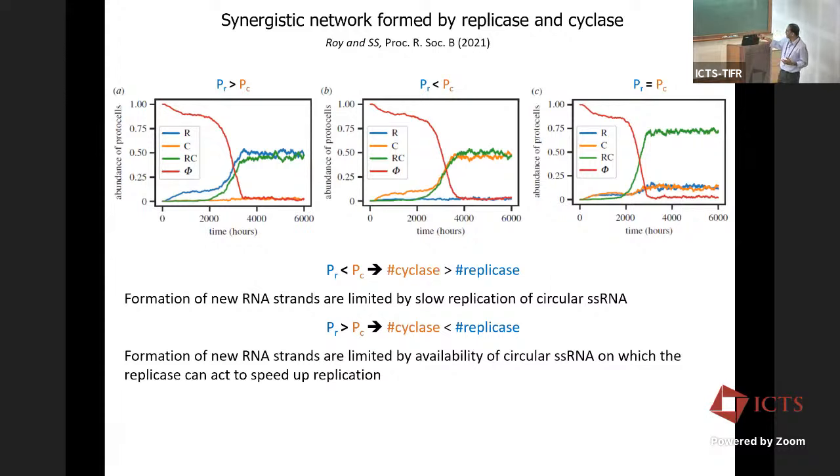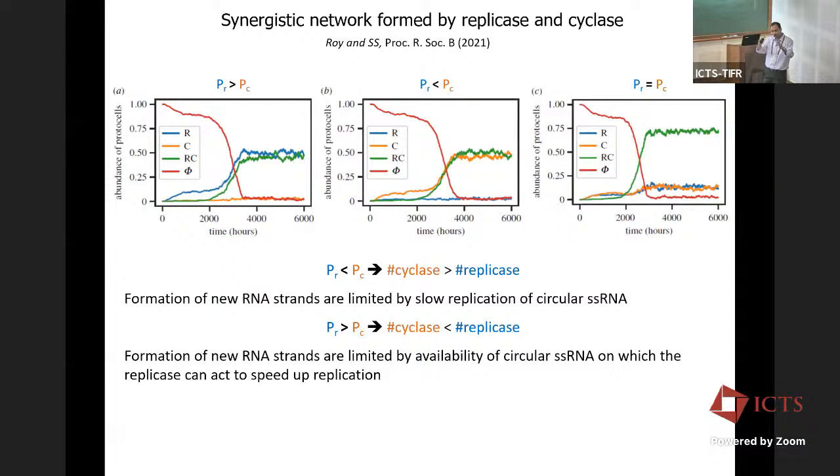So the reason behind this effect is sort of intuitive to understand. If the probability of production of replicase was smaller than the probability of creation of a cyclase, then the number of cyclases created would be larger than the number of replicases.